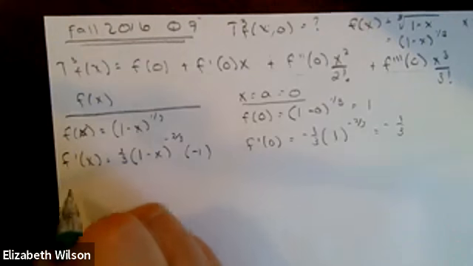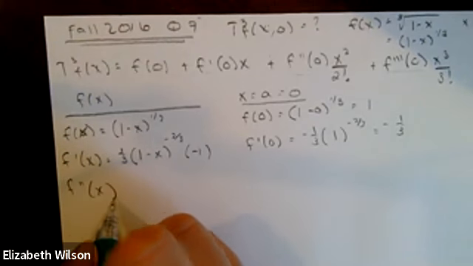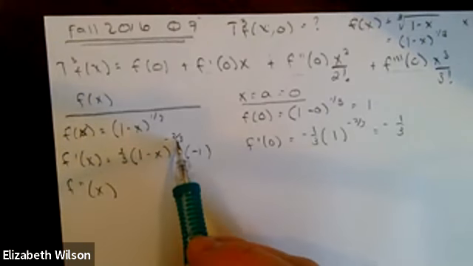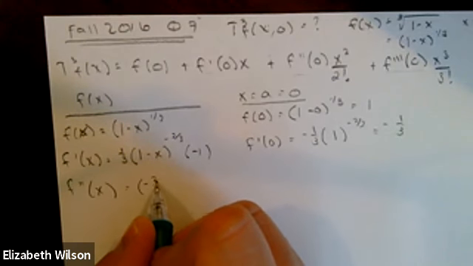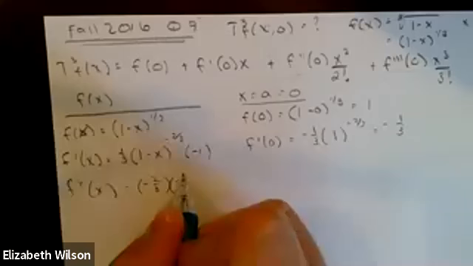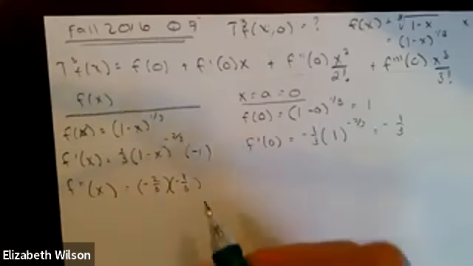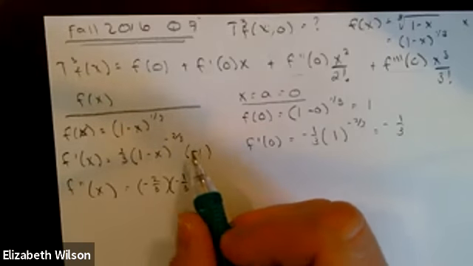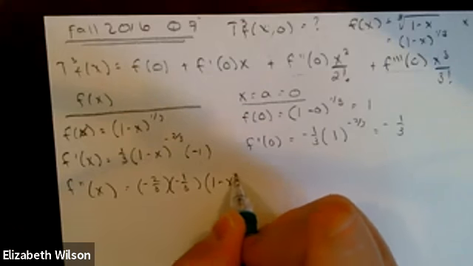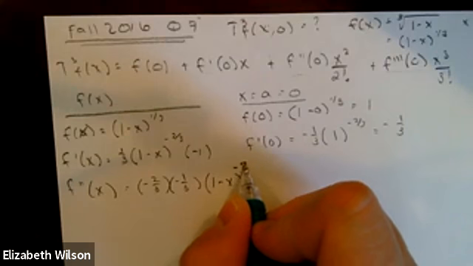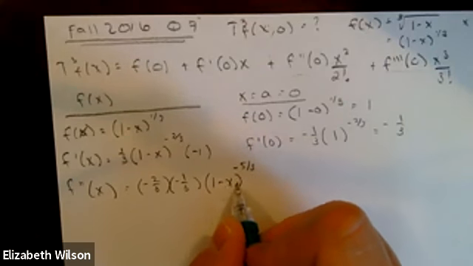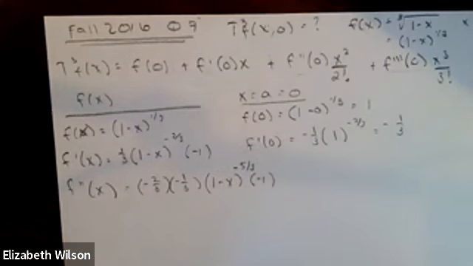My second derivative. I'm going to take my exponent and multiply it by the coefficient that's there. So I'm going to go minus 2/3 times minus 1/3. I'm going to multiply through. And then I have 1 minus x to the, I have to subtract 1 from here, so I'm going to get minus 5/3. I have to take again the chain rule, which says this is equal to minus 1.